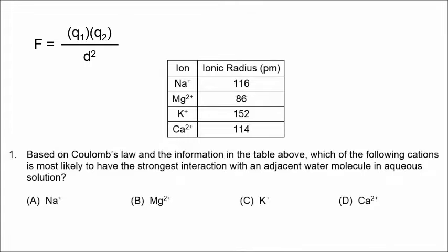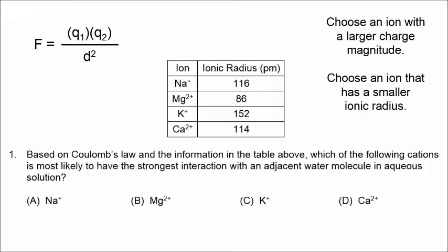Now, we've seen Coulomb's law problems before. Sometimes it talks about the attraction between two different ions in terms of the lattice energy. But this question is about solutions. So it's the attraction between a cation and a polar water molecule. We're looking for the strongest interaction, so therefore we should choose the ion that has the largest charge magnitude.